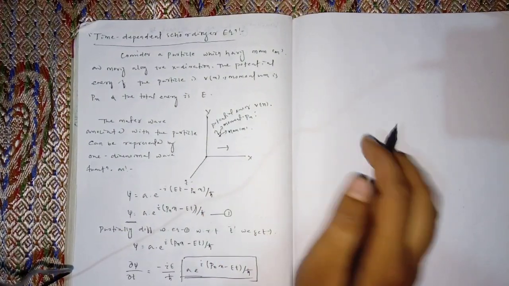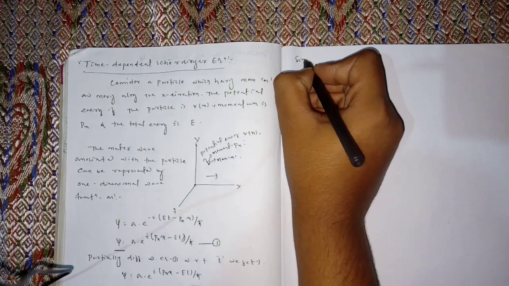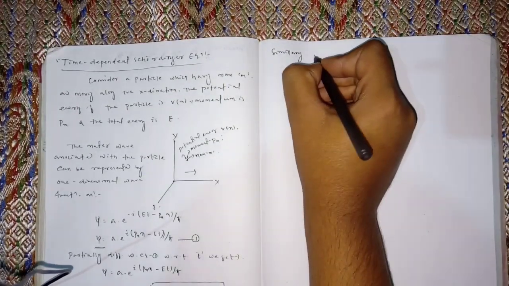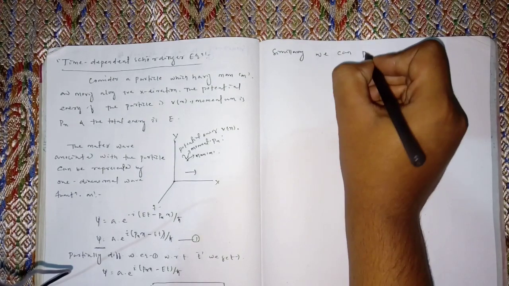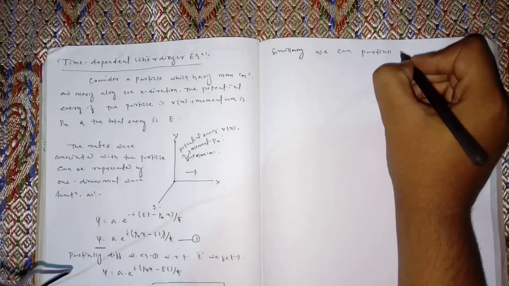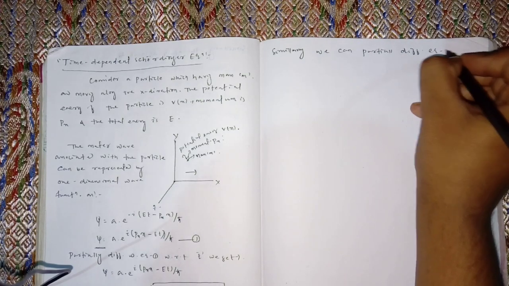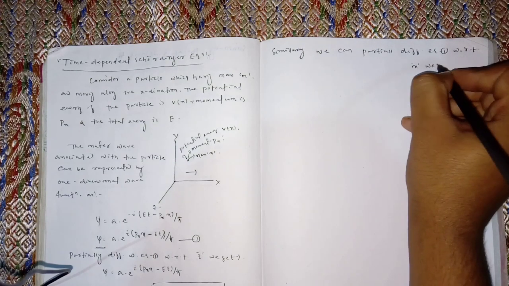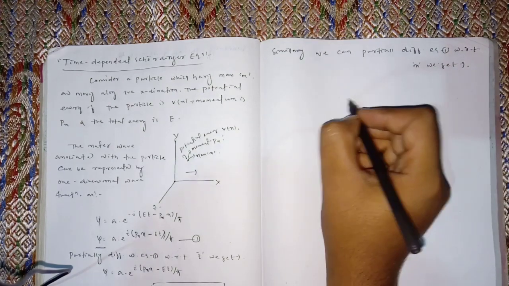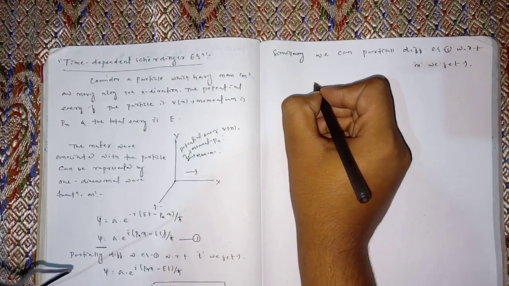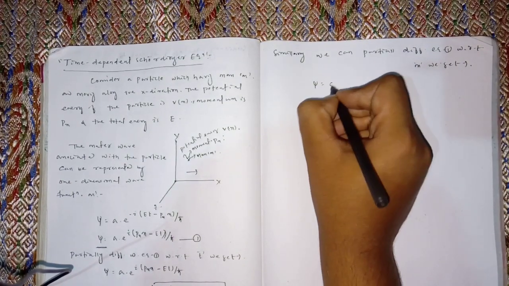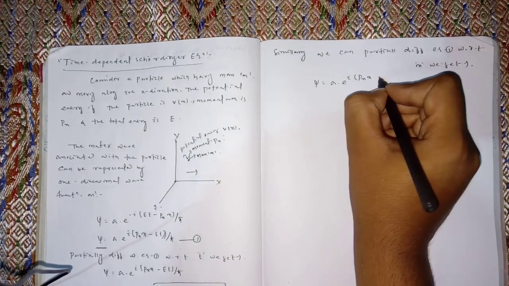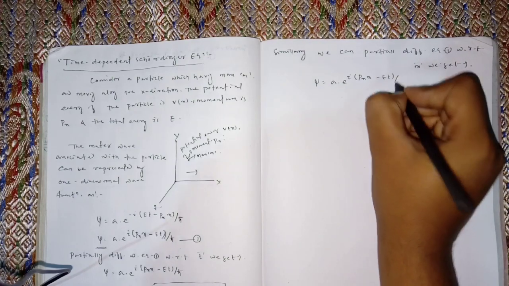Now similarly, we can partially differentiate equation 1 with respect to x. Equation 1 is psi equals A into e to the power i into (p of x into x minus E t) divided by h cross.